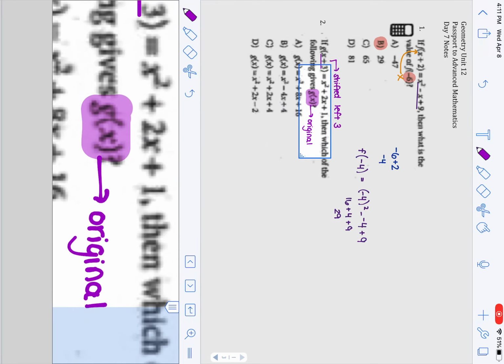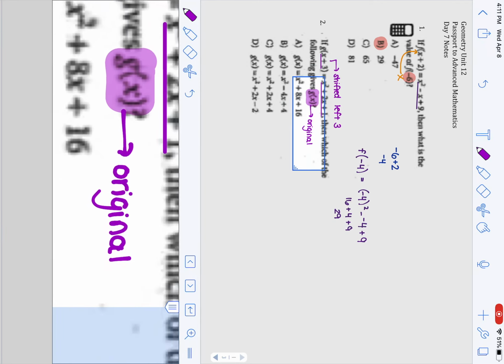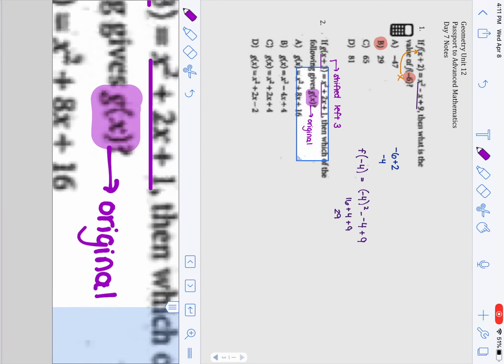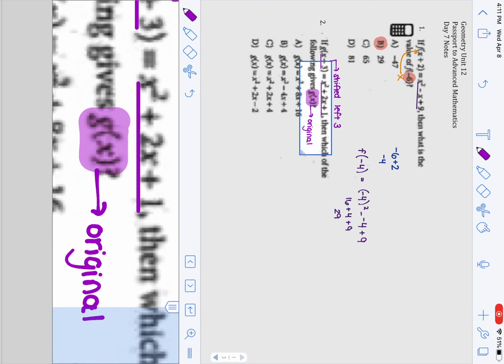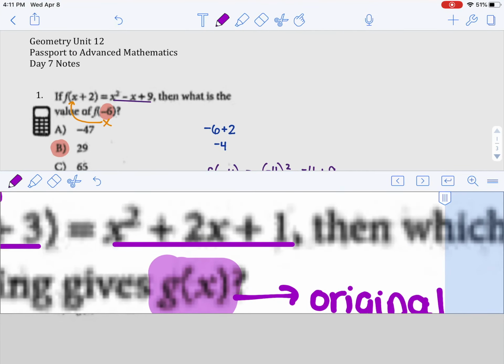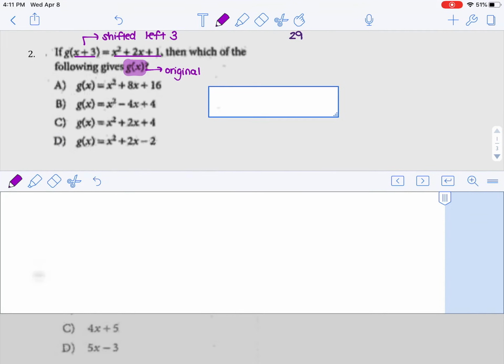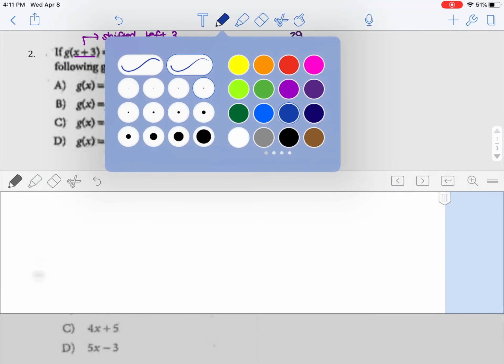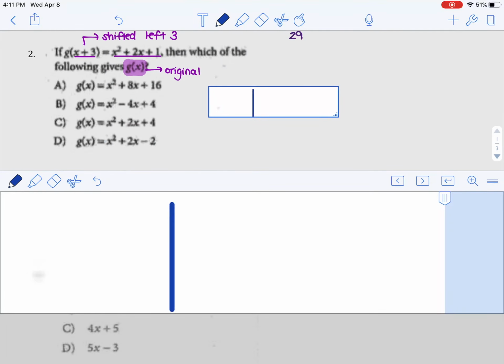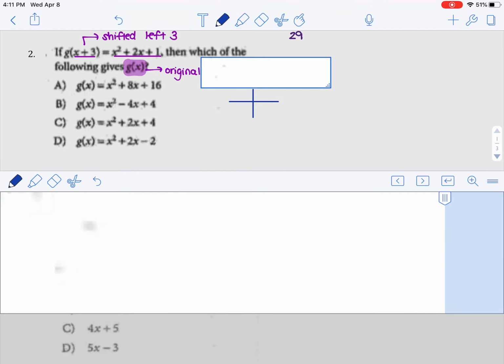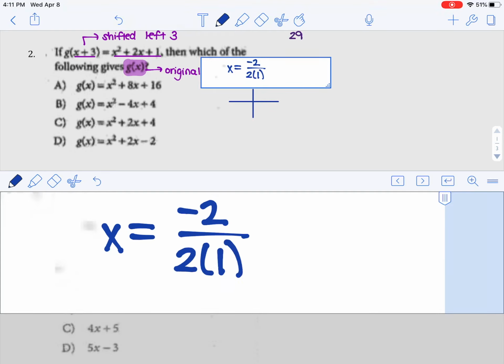Okay, so I'm given that function that's shifted to the left 3 units. It's given in standard form, and it's quadratic, so that means it's going to be a parabola. I'm going to turn my iPad this way. So then when I graph this, I can use the equation to get the vertex. x equals the opposite of b over 2 times a.